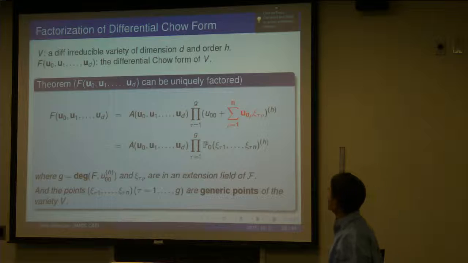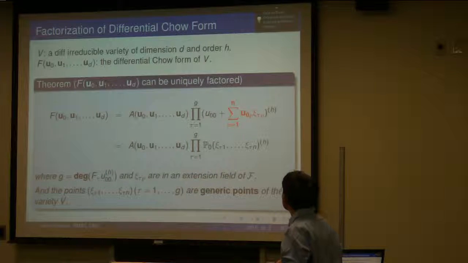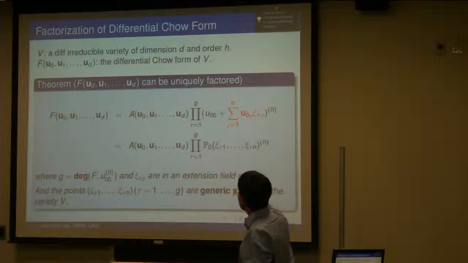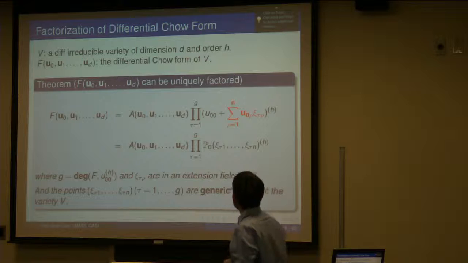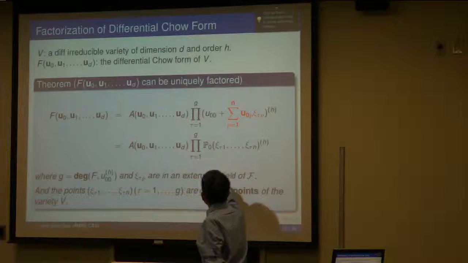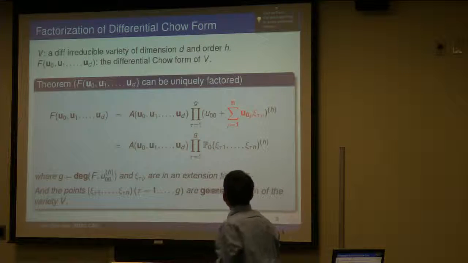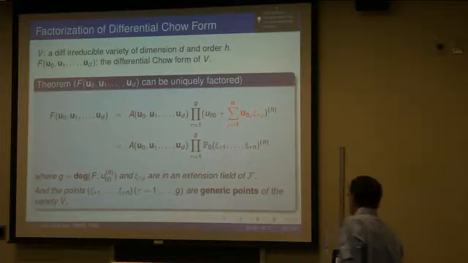More interestingly, there is another degree. Here again, we use a Poisson product of Chow forms. A Poisson product of Chow forms can be written in a similar way to the resultant. Again, it can be written as a product of 1 to g of P0, where P0 is a linear polynomial.